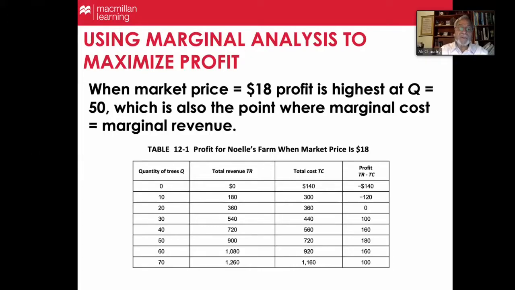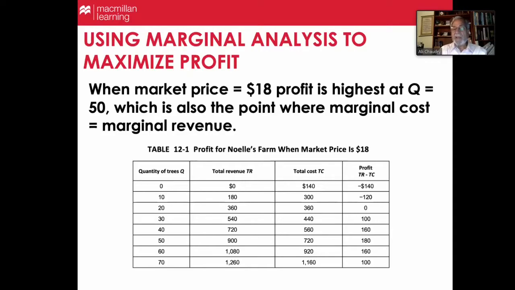And then as you add the number of trees, the total cost, which includes the fixed cost and the cost of the trees, is now going up. So, for example, when we have 10 trees to sell, the total cost is $300. When it's 20, it's 360, and so forth.